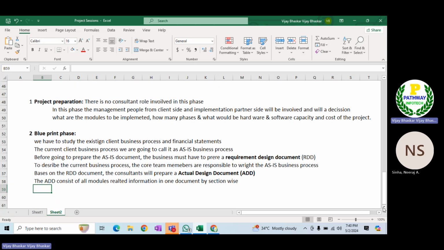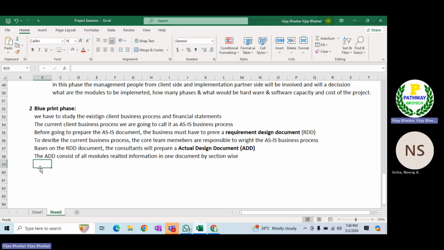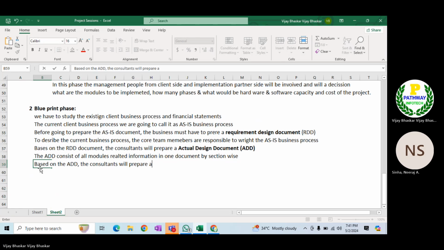Based on the ADD, again the consultants will prepare a blueprint document. Remember, this blueprint document we are going to call a to be document.